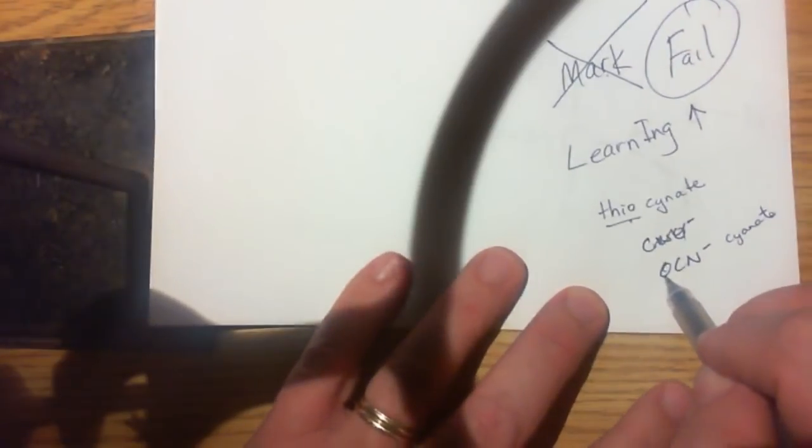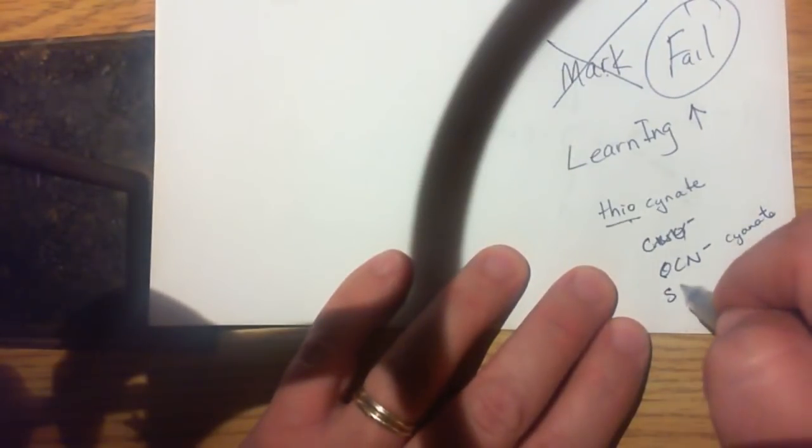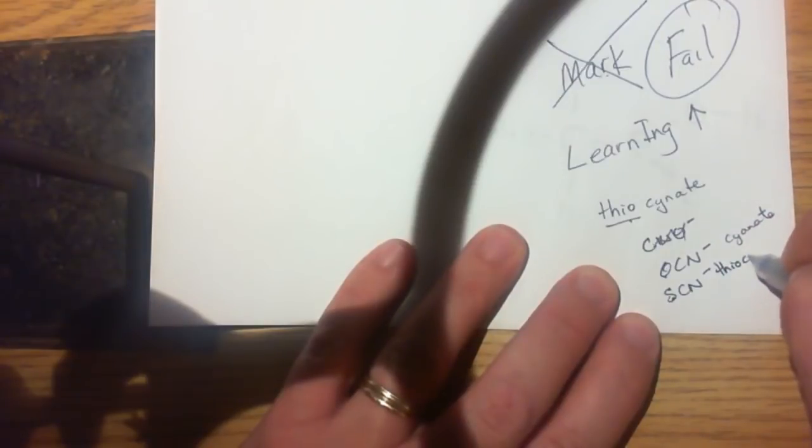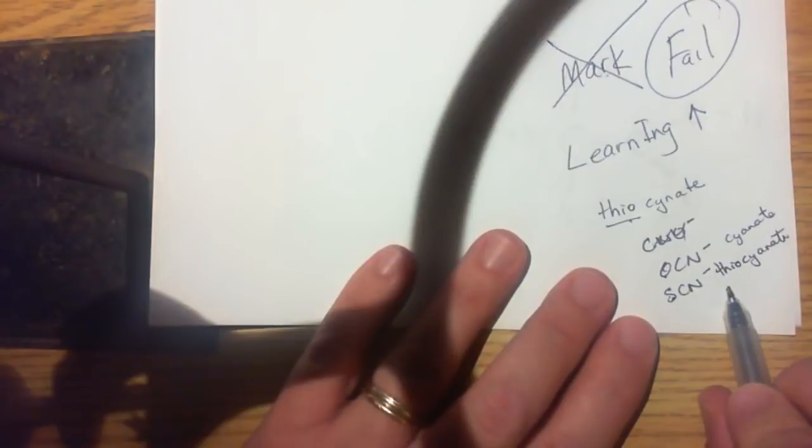Okay, so this is my cyanate. If I take this oxygen and I replace it with a sulfur, because I've replaced an oxygen with a sulfur, they'll form similar bonds since they're in the same group. It's a thiocyanate.